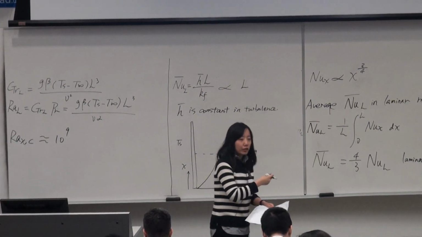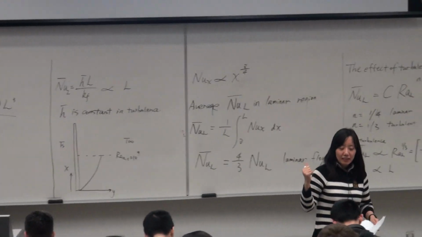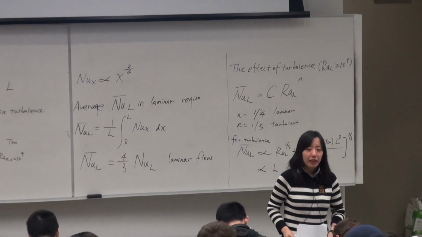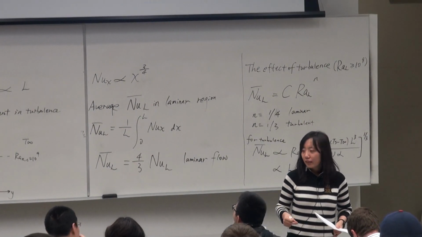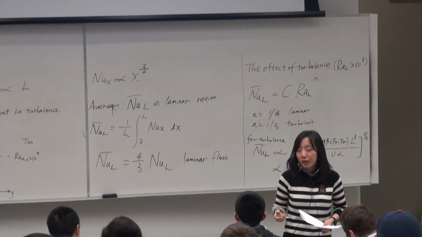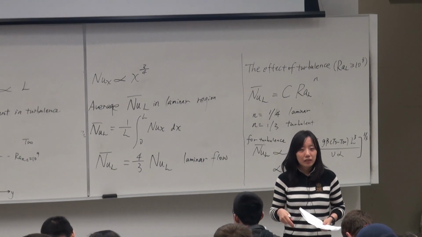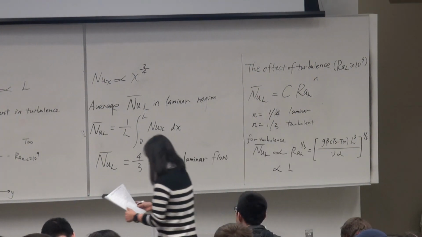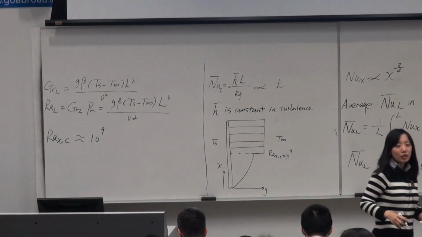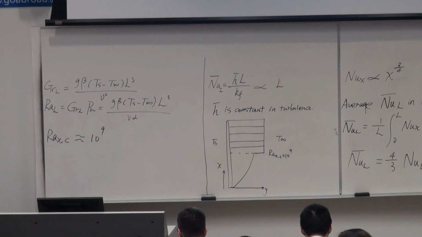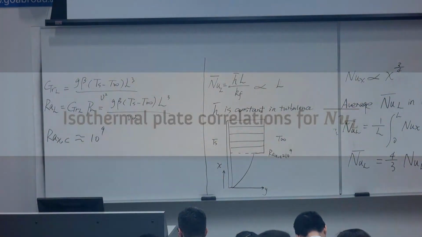And when it reaches the turbulent region, how would the thermal boundary layer look? How is h related to the thermal boundary layer? Constant, right? Because h is a ratio of k over delta T, the thermal boundary layer. More or less, you have constant delta T in the turbulent region. That's not that intuitive to understand, but it comes from the exponent of 1/3.